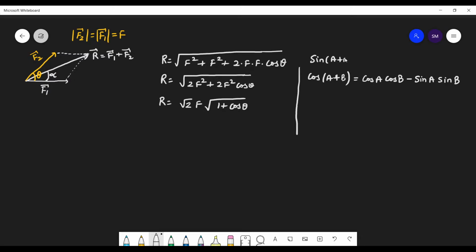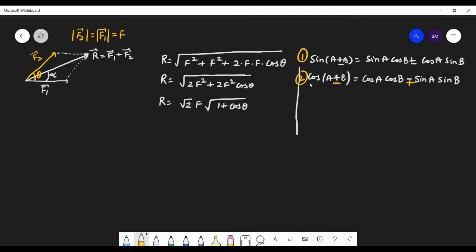So sine A plus B is your sine A cos B plus cos A sine B. And if it is minus, it's minus over here. But here if it is plus, so you know, a lot of formulas have some minus or some sort of change you will see. And if it is minus here, then it will be plus. So these are the two very important formulas. Okay.